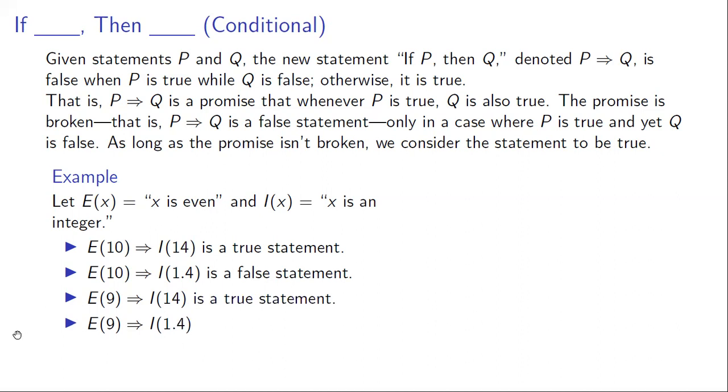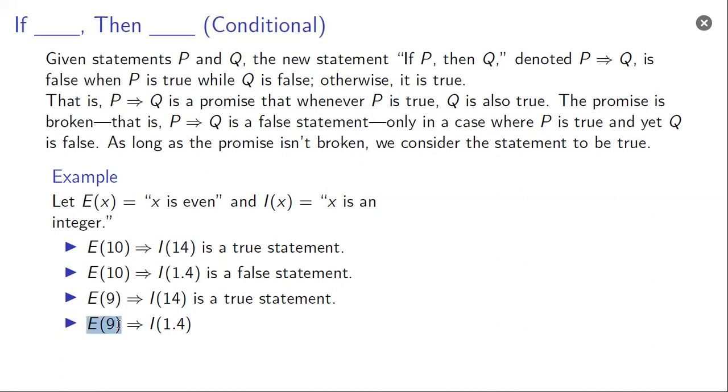Now, how about if I say the following: if 9 is even, then 1.4 is an integer. Now both of these are false, right? 9 is not even, and 1.4 is not an integer. However, let's think about it. There's a promise here: if this is true, then this is true.